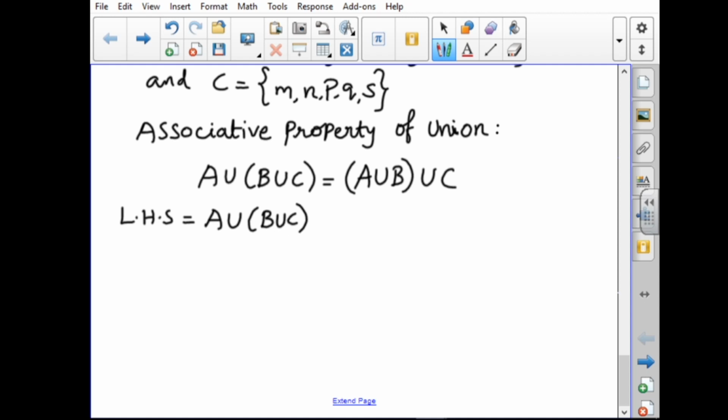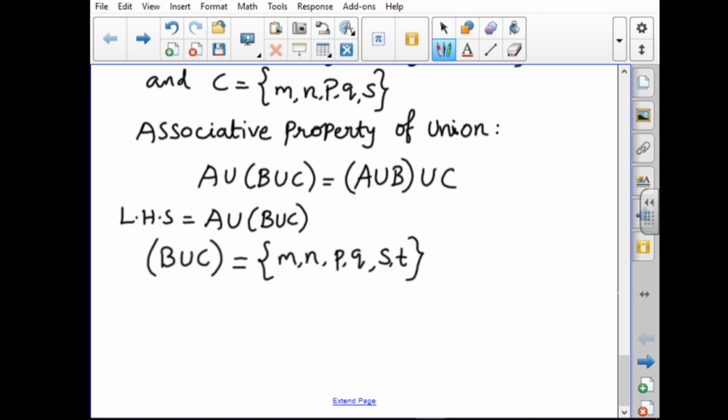In this LHS, first we should find the values given in the brackets. So B union C we should find. B union C means we should combine the two sets B and C. So B union C is equal to {M, N, P, Q, S, T}.